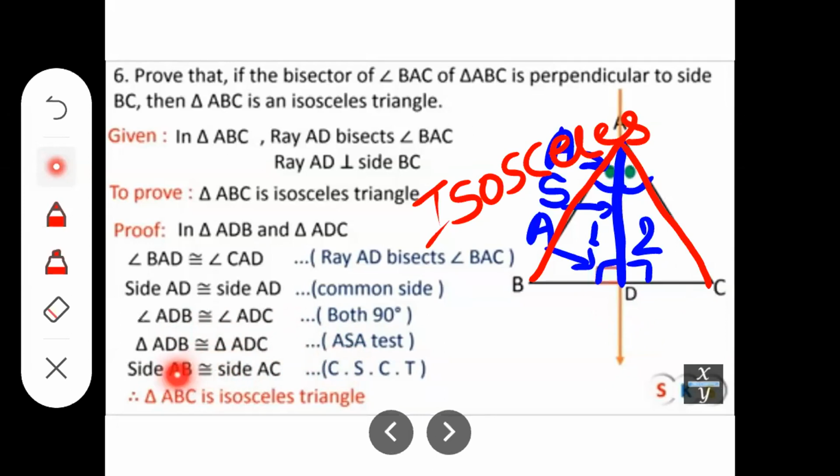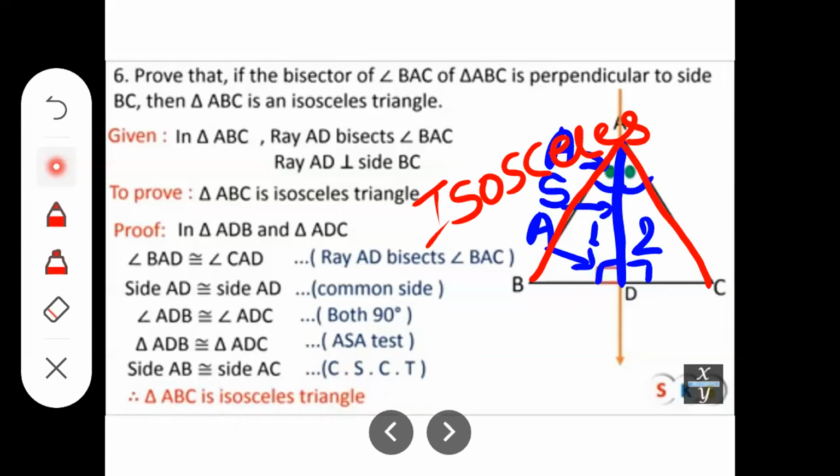So as the triangles are congruent to each other, their corresponding sides, side AB and side AC, are congruent to each other. And the reason will be CSCT, meaning corresponding sides of congruent triangles. You have to write the reason. Therefore, triangle ABC is an isosceles triangle.